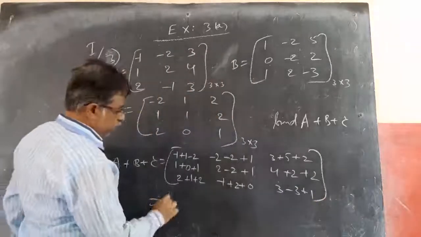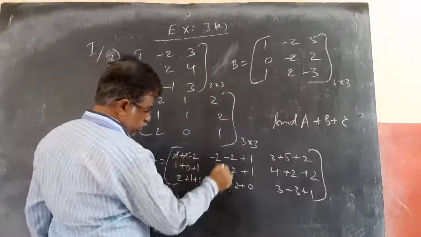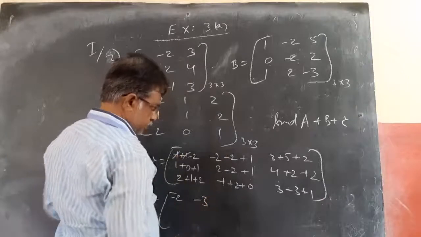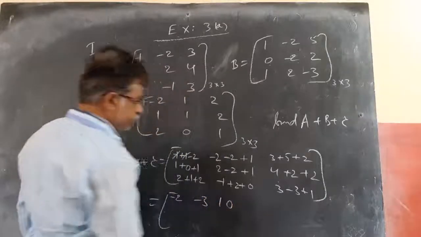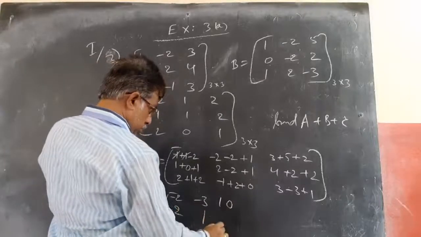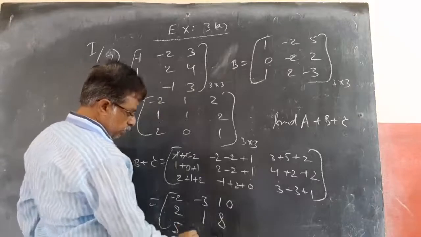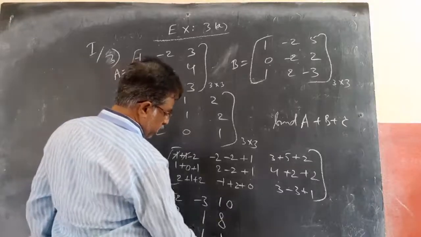So this is A plus B plus C. Becomes minus 2, minus 3, 10, 2, 1, 8, 5, 1, 1.